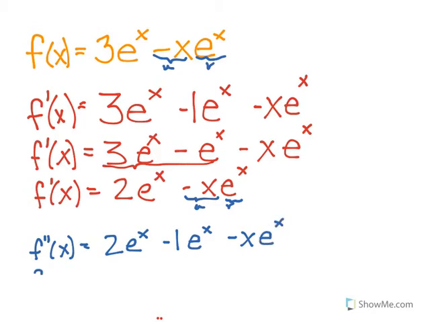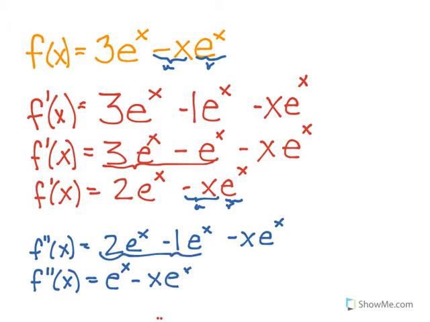And I have the same situation as before. I can simplify this to be e^x minus xe^x, because these two combined into one.